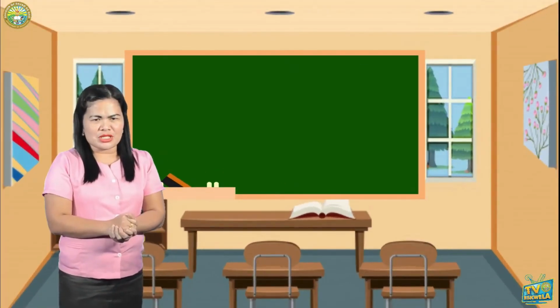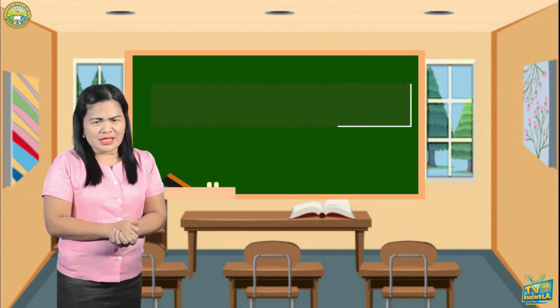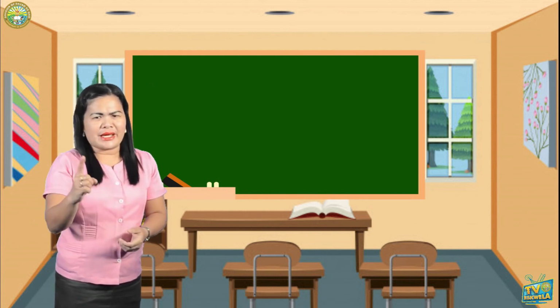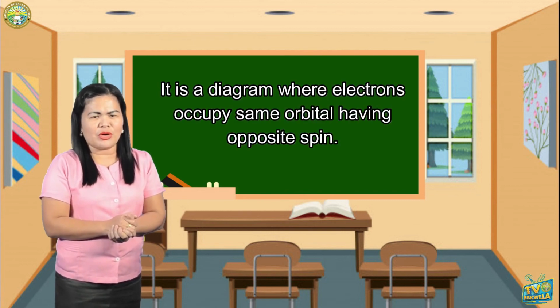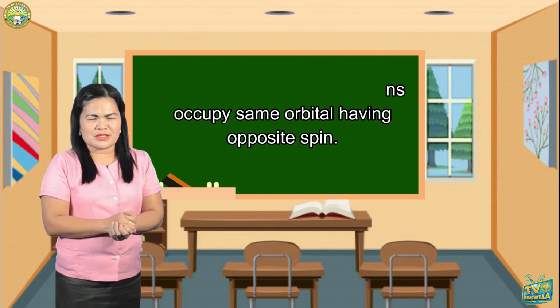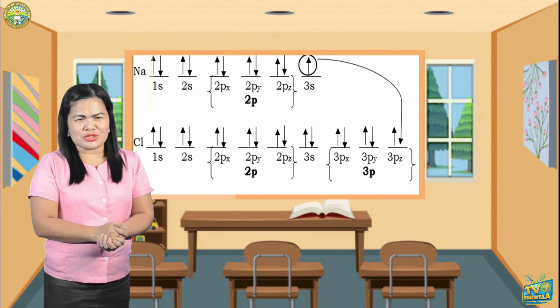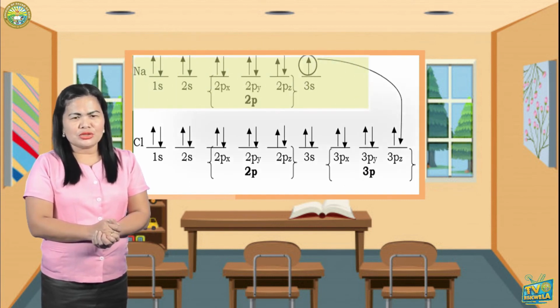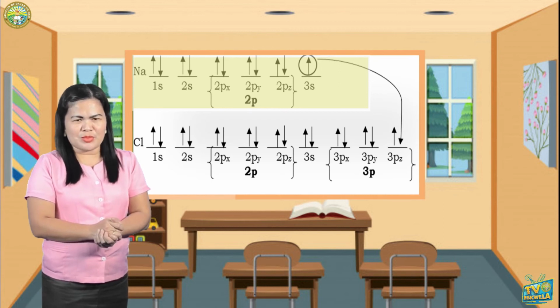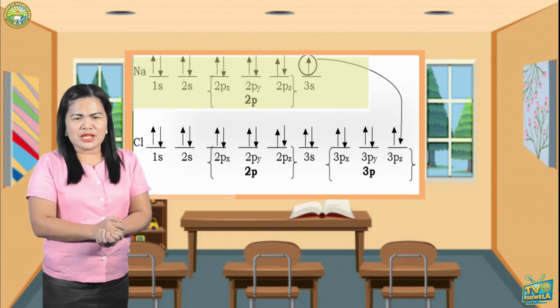The second approach is orbital notation. What is it? Correct! It is a diagram where electrons occupy the same orbital, having opposite spin. The orbital notation of sodium is 1s with 2 opposite spins, 2s with 2 opposite spins, 2p with 6 opposite spins, and 3s with upward spin.